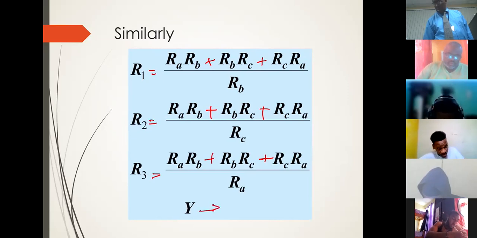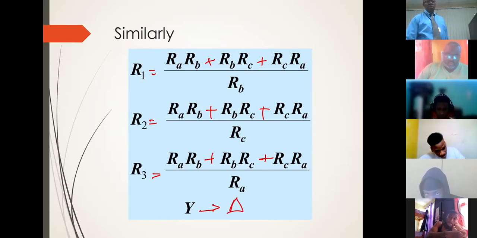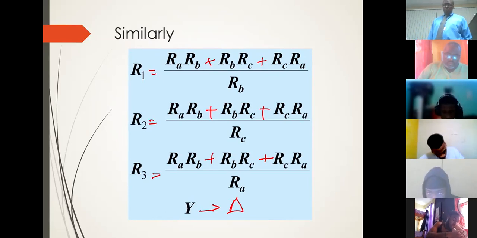So this is Y to delta. We can look back at the network and see how this would work. So you have three resistances in star, and you want to find the equivalent delta.